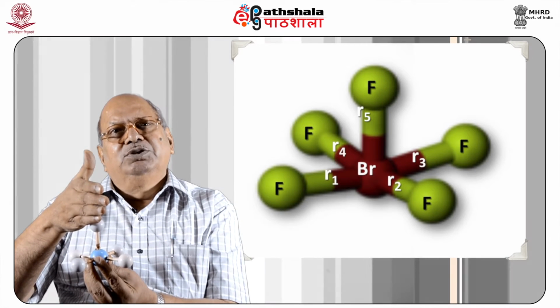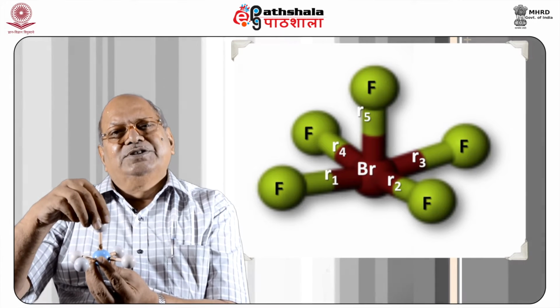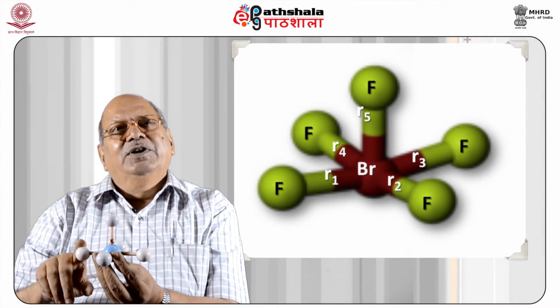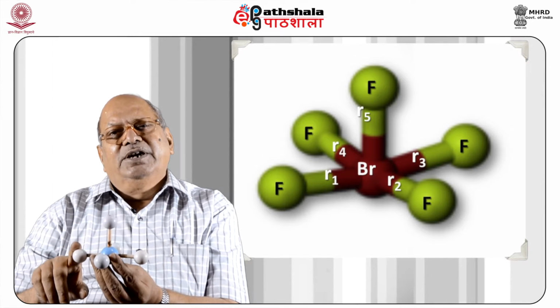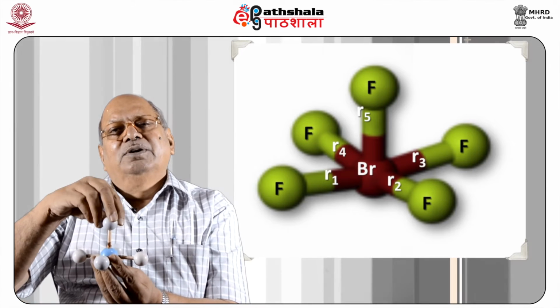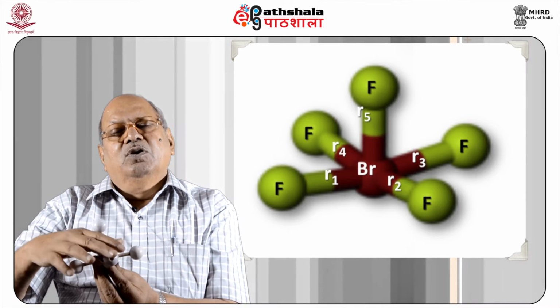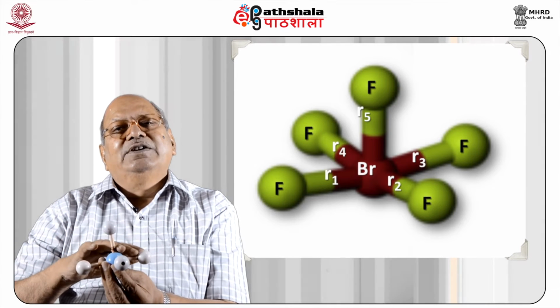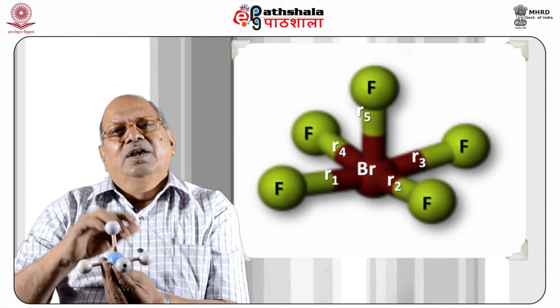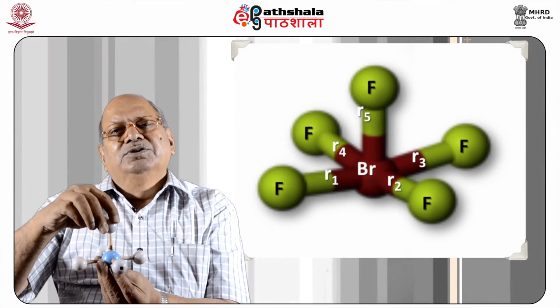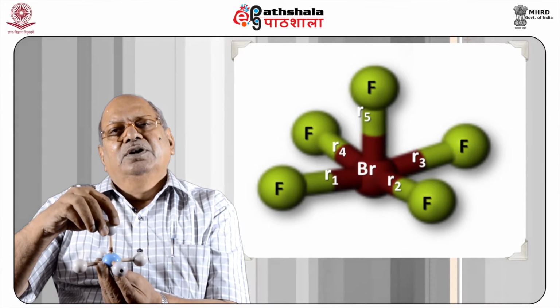Similarly, if we take C2 along the C4 axis, what will happen? If I perform a 180-degree rotation, this atom will go to that atom. Again all the 4 vectors in the plane are shifted and the 5th vector which lies along the C2 axis is not shifted.